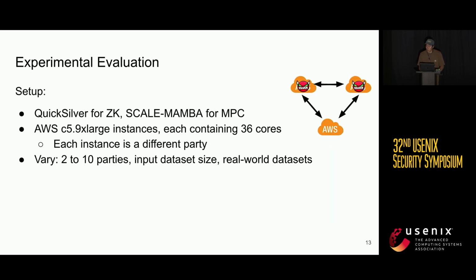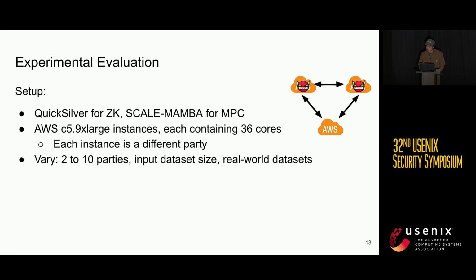So moving on to our experiment evaluation, we use Quicksilver for a zero-knowledge protocol and ScaleMamba for the MPC, multi-party computation protocol. We use AWS instances where each individual instance represents a different party in the protocol, or let's say a different bank that has its own unique data set. And we vary the number of parties, the size of the input, and we also vary the data set type.